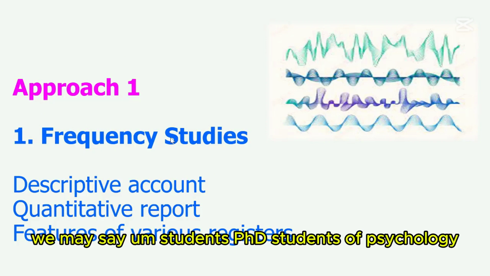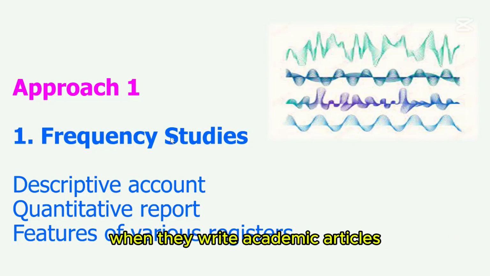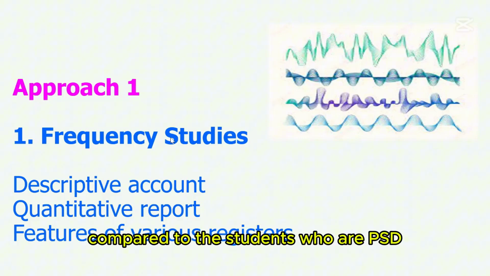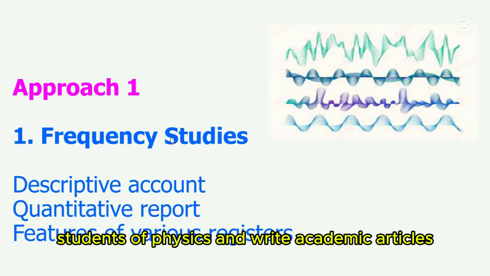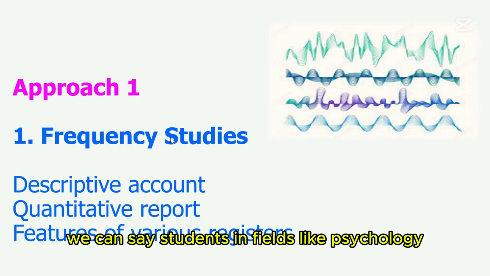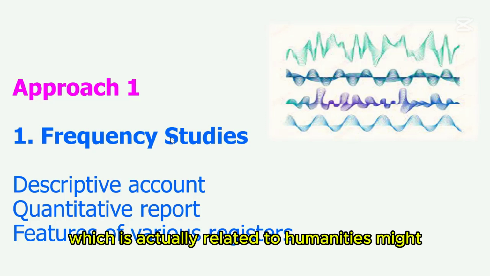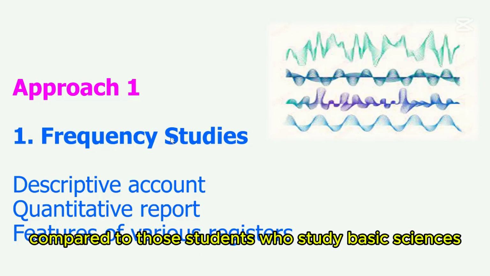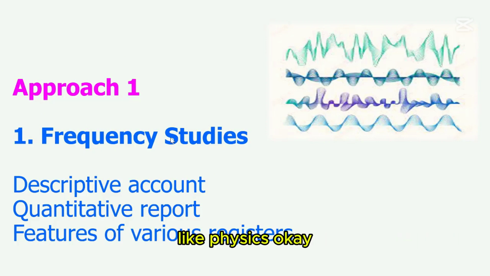We may say PhD students of psychology, when they write academic articles, tend to write longer paragraphs compared to PhD students of physics who write academic articles. So you may come to the conclusion that, according to this analysis, students in fields like psychology, which is related to humanities, might write longer paragraphs compared to those who study basic sciences like physics.